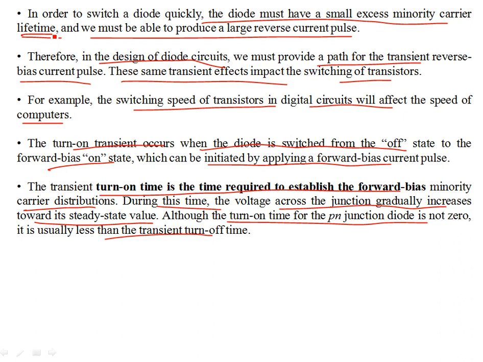The charges don't settle down instantaneously. It requires some time to discharge or charge the capacitor, and the same analogy is discussed in this video for the switching of diodes. So remember that in a practical diode there is going to be some reverse recovery time as well as forward recovery time whenever the diode is switched from one state to another. It doesn't happen instantaneously. So that's all.